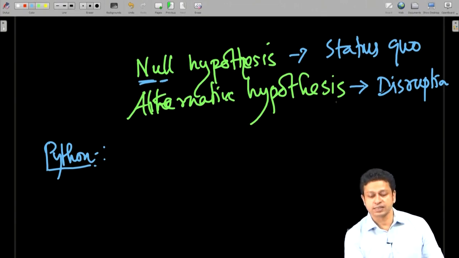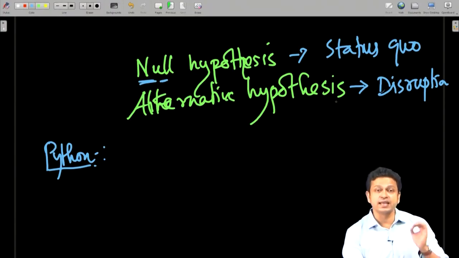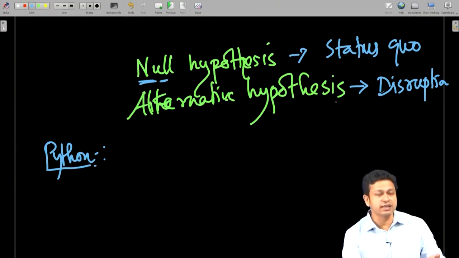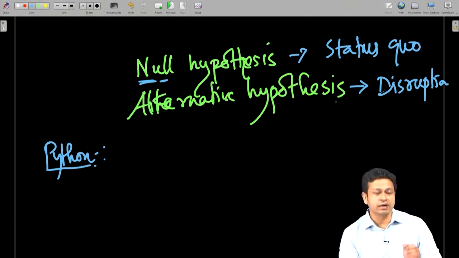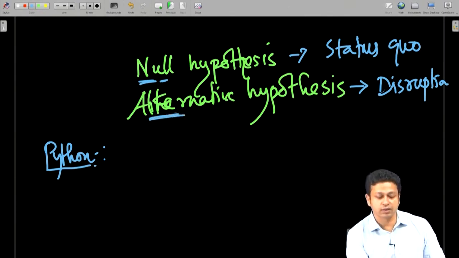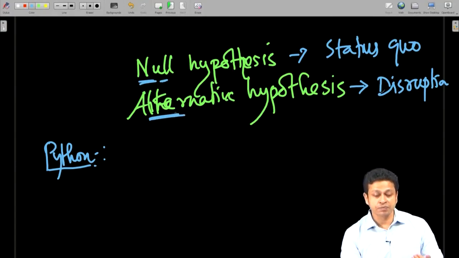Whereas the alternative hypothesis, since it thinks about a disruption, will think of a change from the status quo. It will think that the income of the students has increased. So, how do I say it with confidence? That we will see, but essentially the idea of null and alternative hypothesis remains. Null hypothesis always presumes maintenance of a status quo, whereas alternative hypothesis presumes some sort of disruption.